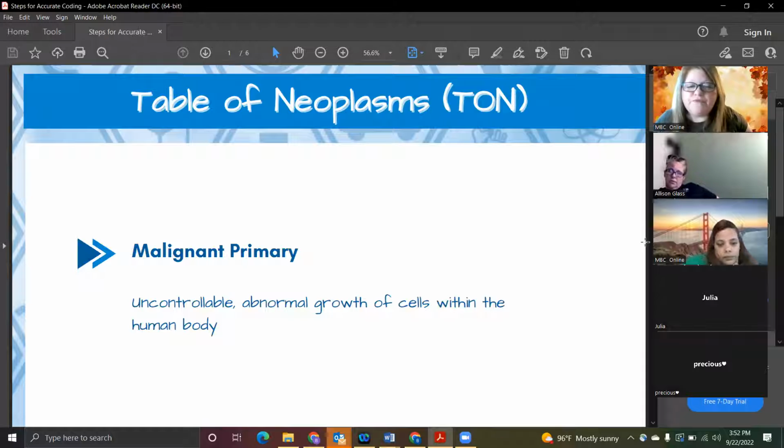This is an uncontrollable abnormal growth of cells within the body, and the malignant primary is going to be your primary location of cancer. And whenever you see the word neoplasm, we know that's a key word for cancer, generally a tumor or something similar.